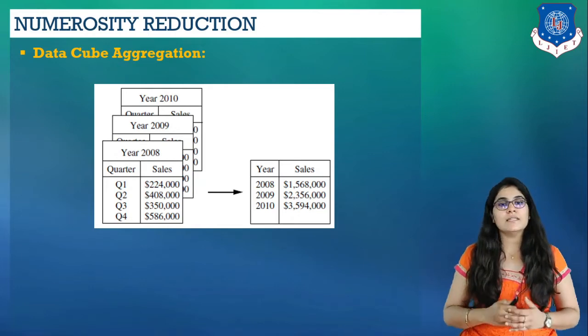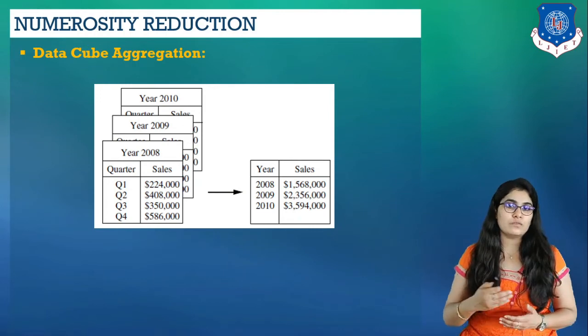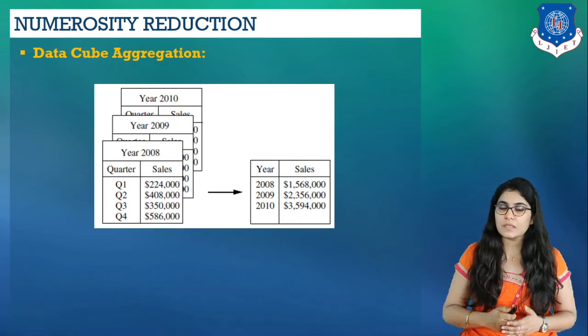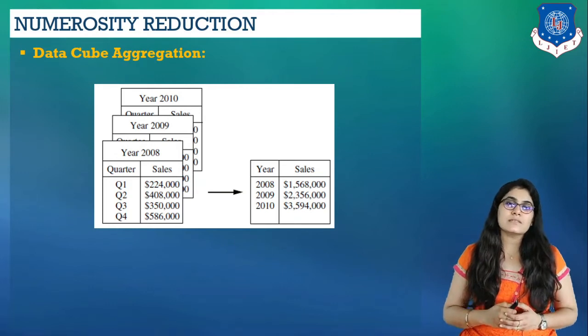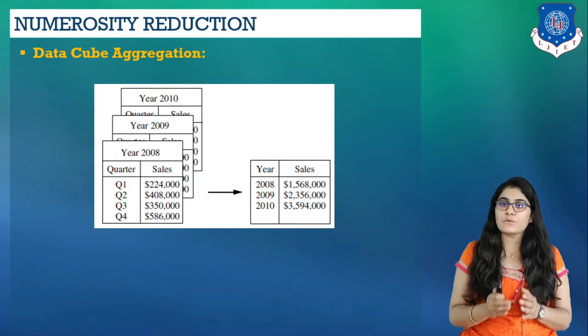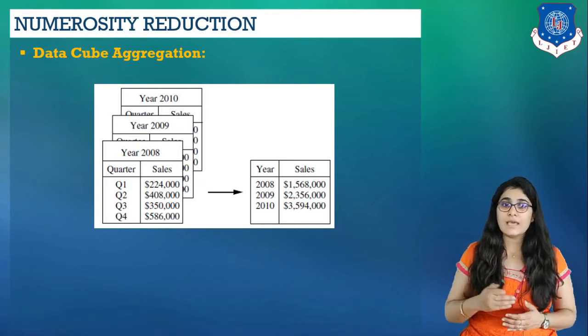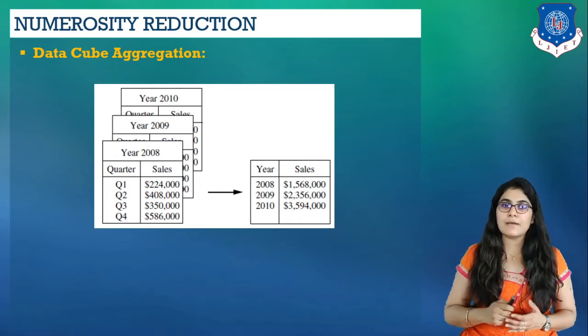The resulting data set is smaller in volume, without loss of information necessary for the analysis task. Data cubes were already discussed in detail in chapter 1 on data warehousing. Data cubes provide fast access to pre-computed summarized data, thereby benefiting online analytical processing as well as data mining.